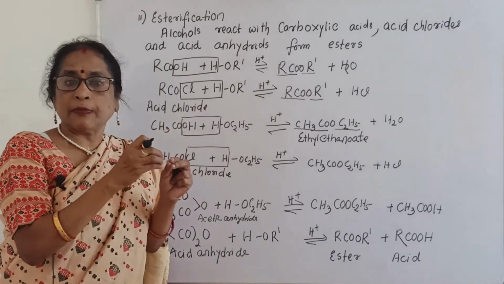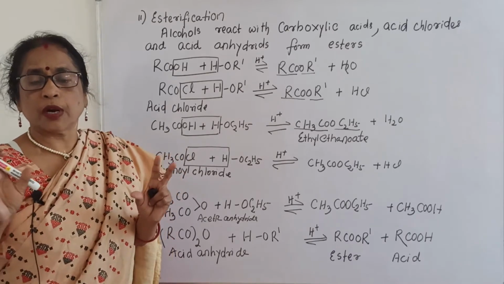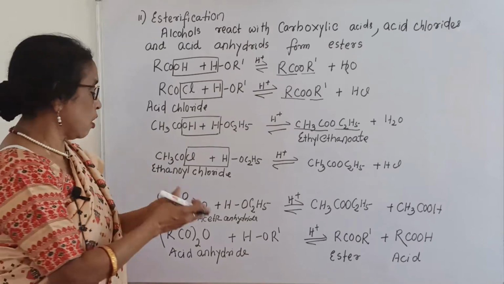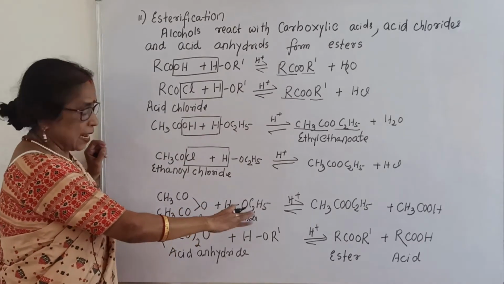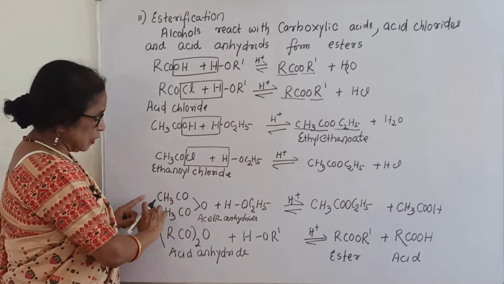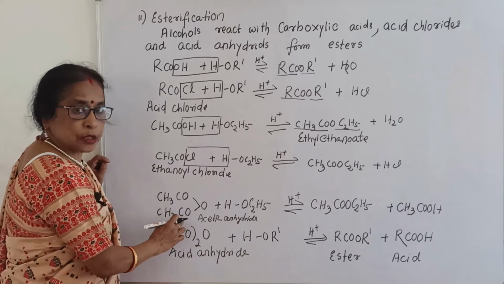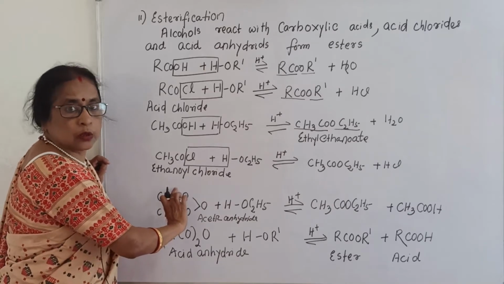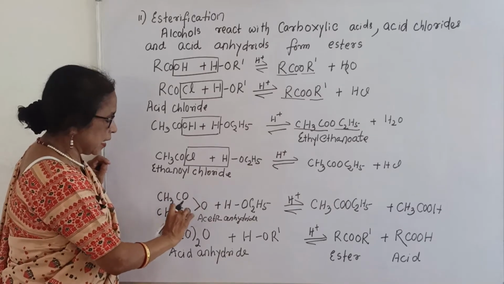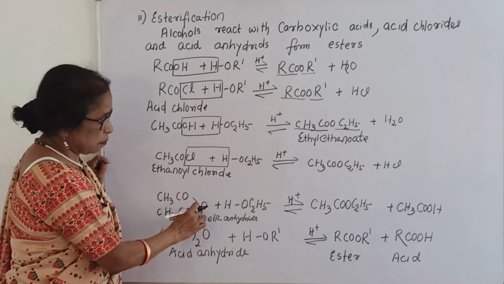Two molecules of acetic acid, on heating, give one molecule of water, and what is remaining is called acetic anhydride. In this acetic anhydride, it is easy to mention in this way, because CH3CO is from two molecules of acetic acid, and here one water molecule is removed, so they are joined with one oxygen bond here.